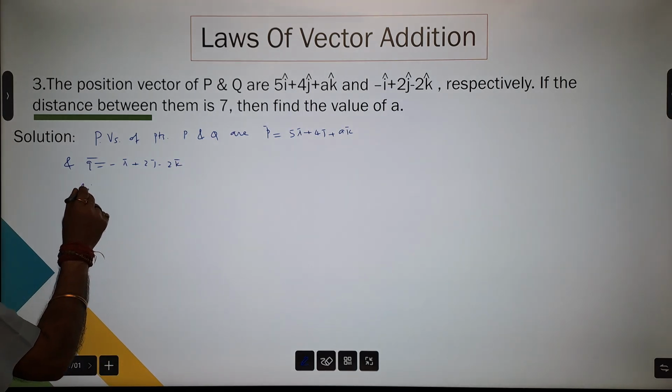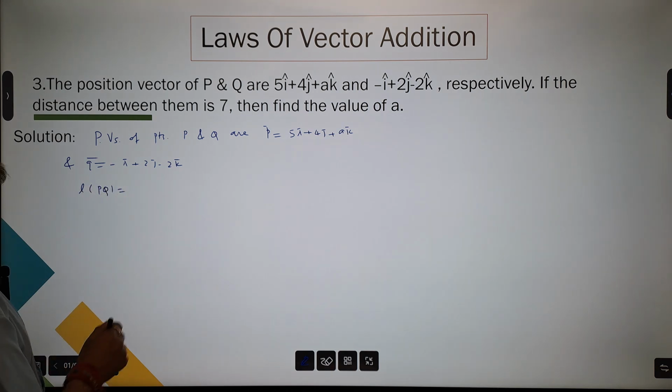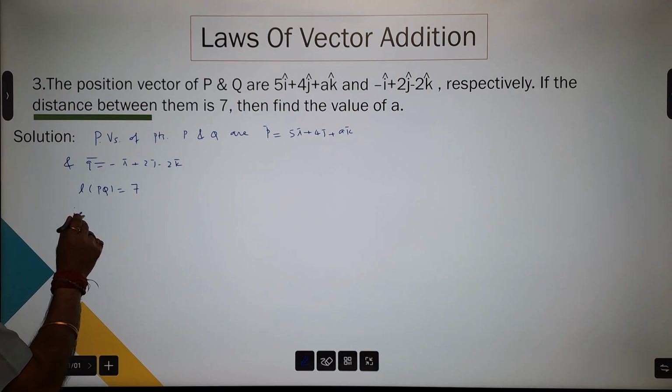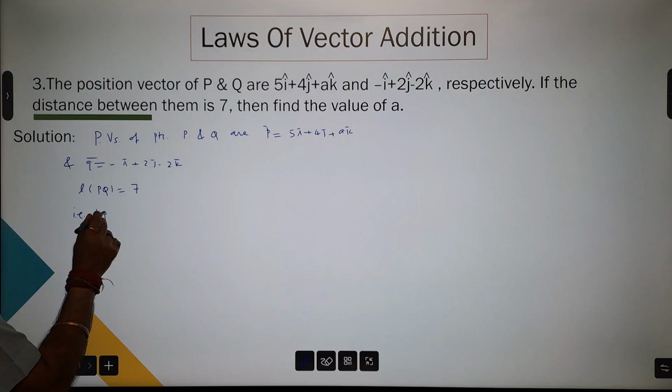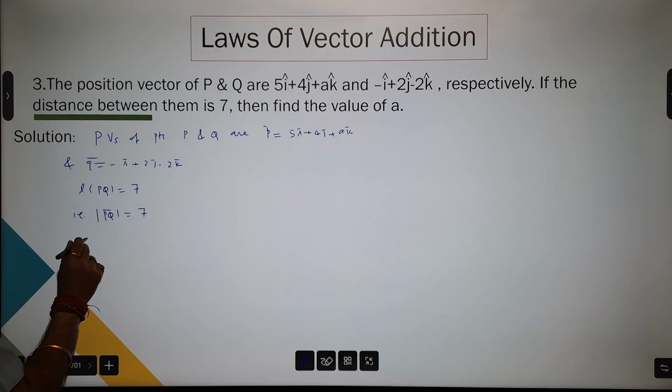Length PQ is given to be 7. Length PQ is nothing but the magnitude of PQ bar, which is 7.